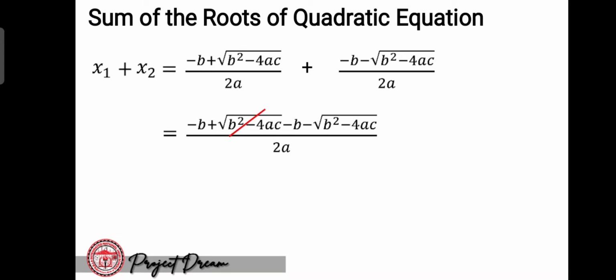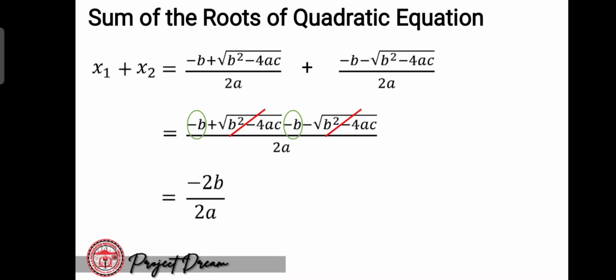So let us cancel positive square root of b squared minus 4ac and negative square root of b squared minus 4ac. Then, we have negative b minus b is equal to negative 2b. And let us copy the denominator, which is 2a.